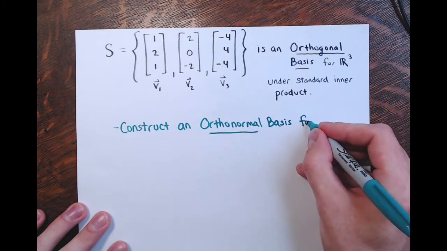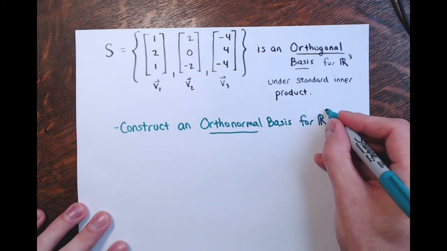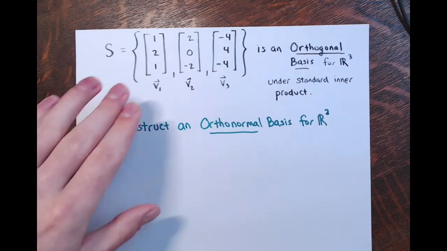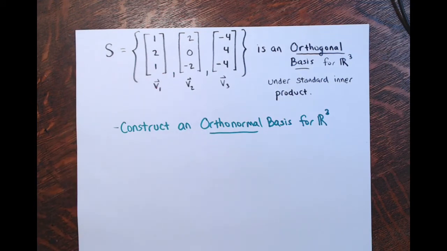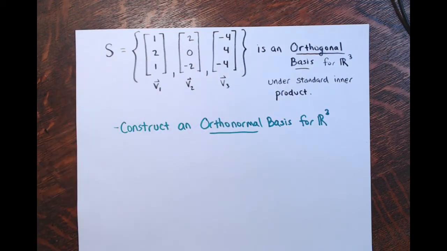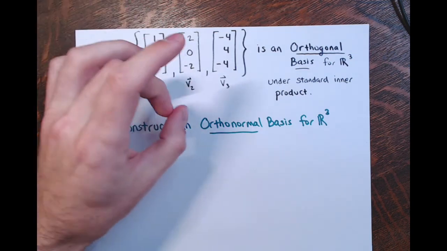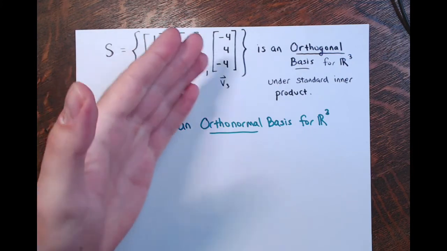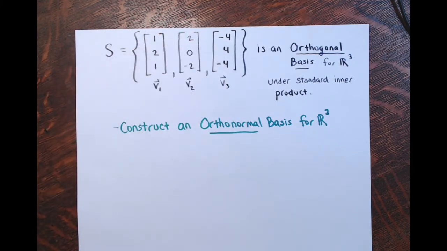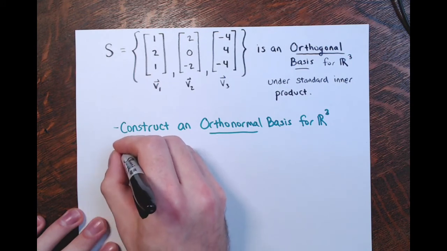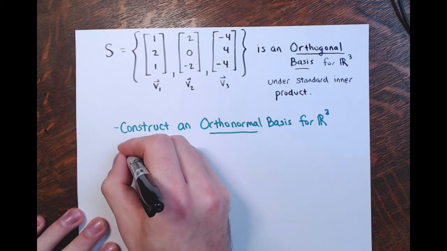If you know a set is already orthogonal, to make every vector into a unit vector, you just need to divide, or multiply by the reciprocal of each of these vectors' norms. So let's find the norm of vector v1.